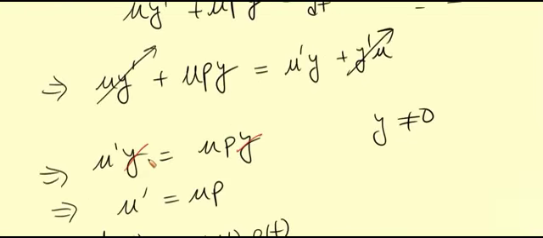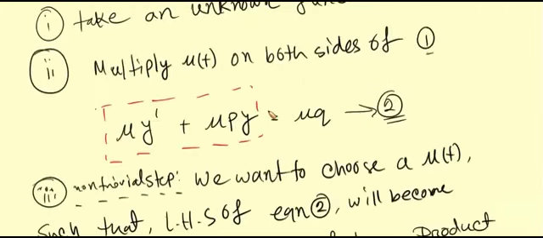Remember that our equation, the one we wrote over here, equation 2, we said that this left hand side was equal to, that is, we wanted to have something like mu y whole prime. And this was equal to mu q. So now we are going to use this equality in 2 and the condition in step 3, the non-trivial step, to find the solution. So let's try to do it.